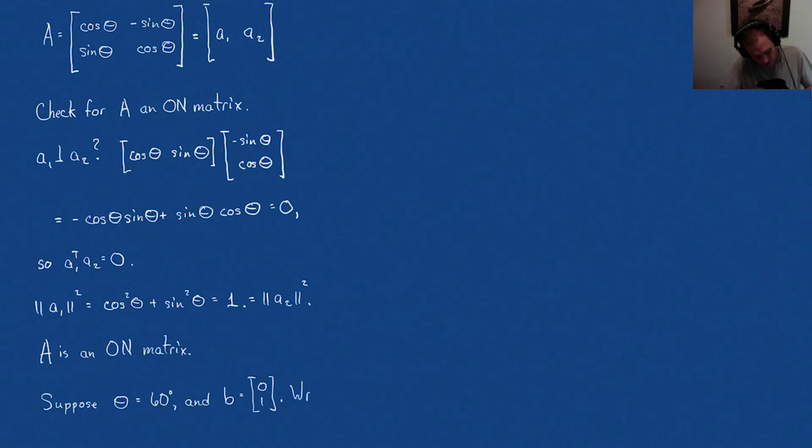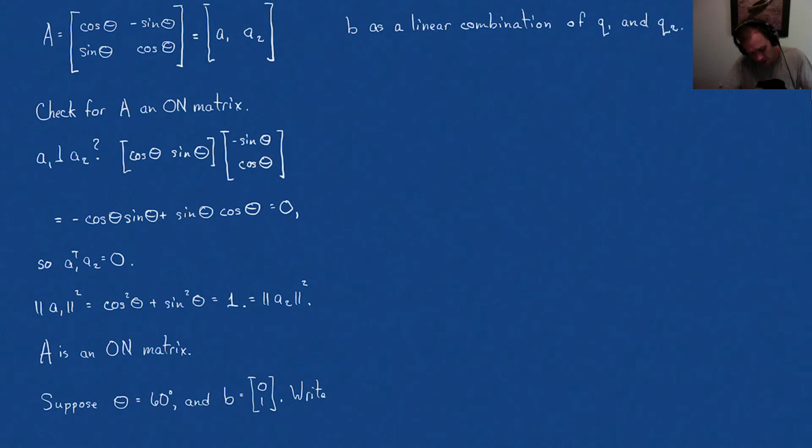Write B as a linear combination of Q1 and Q2.